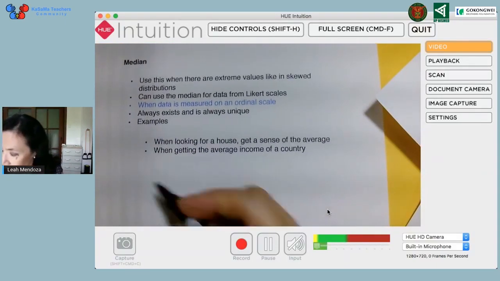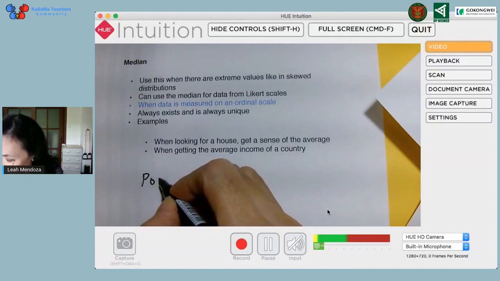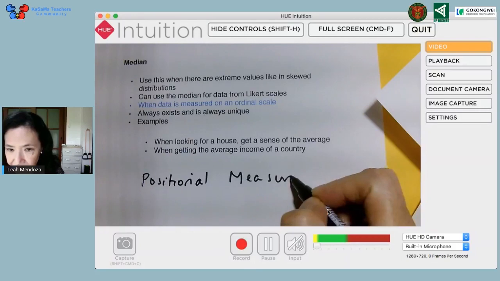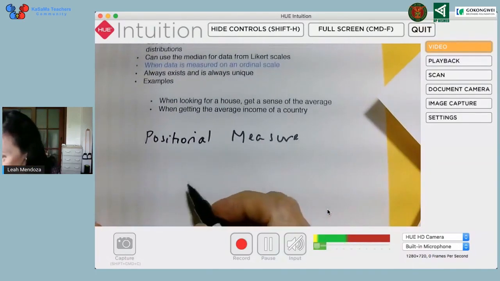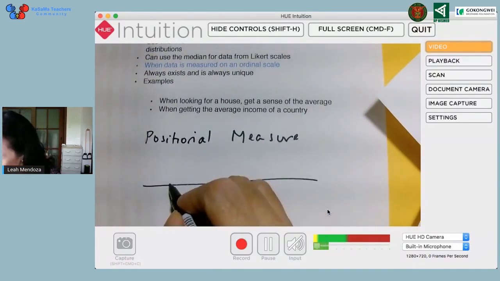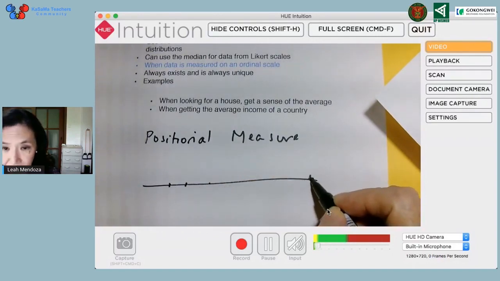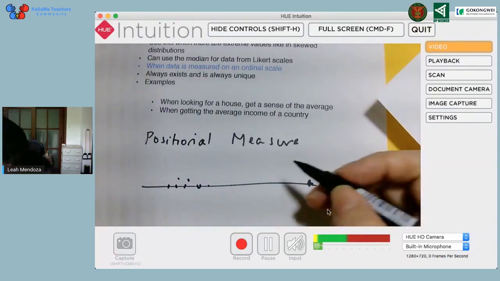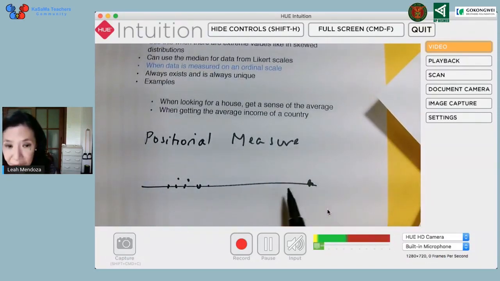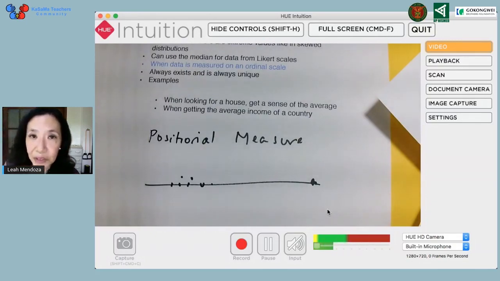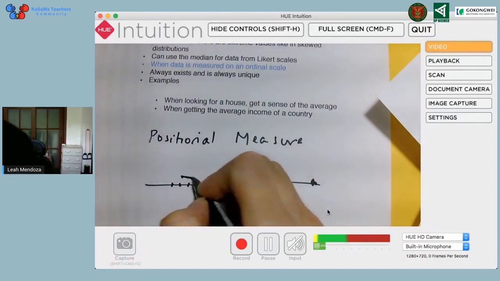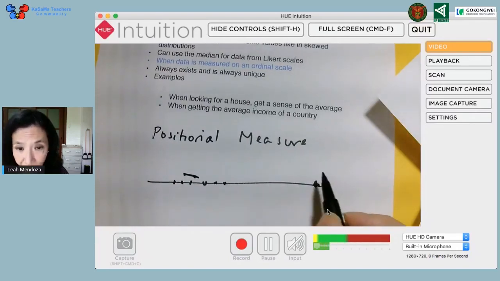Why? Because the median is what is called a positional measure. If you have a data set, let's say these are your data, and even if you have an extreme data point here, all the rest are clustered here. The median, since it is a positional measure, would be that value that divides this data set into two equal parts. So the first thing you need to do is to sort this from lowest to highest.